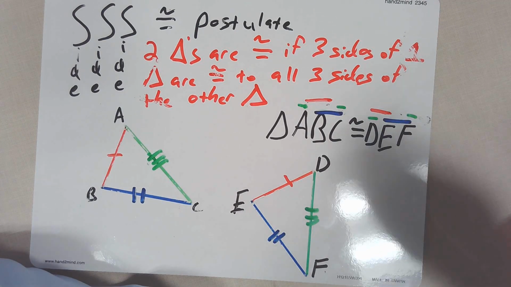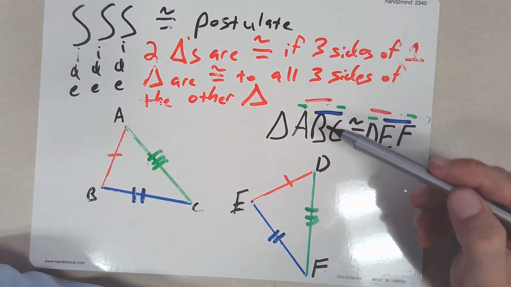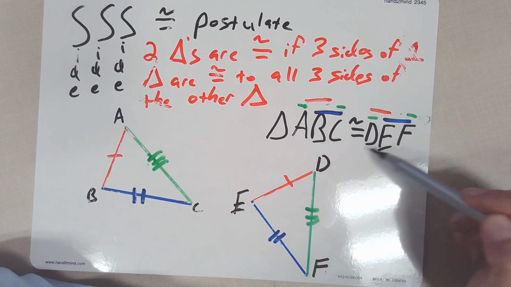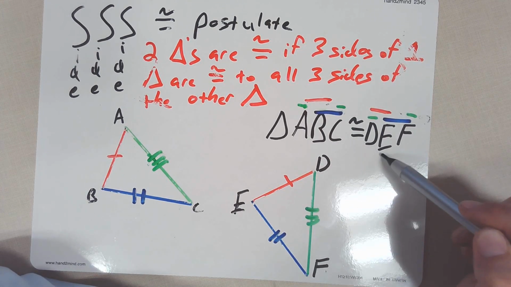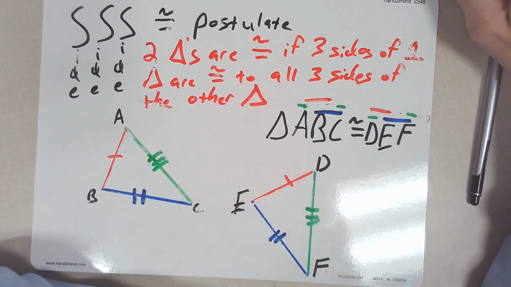You can try this yourself in any variation, but you'll find that if the 2 triangles share the same 3 side lengths, they are congruent. But it's important that these are in the right order. If they're not in the right order, like say this was EFD, this would not be true. Okay, hope this makes sense. If you have any questions, please feel free to ask.